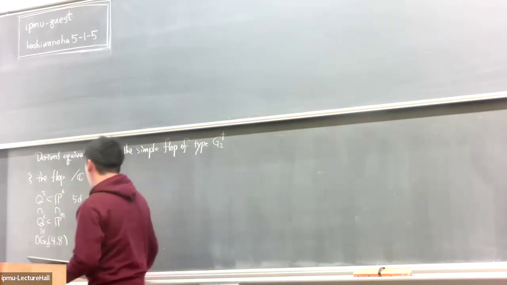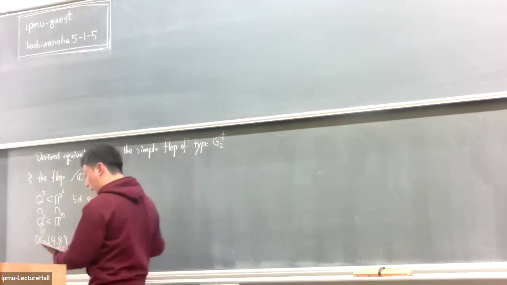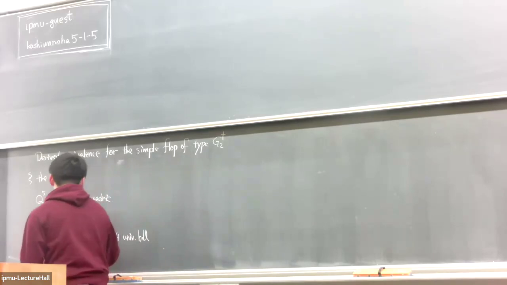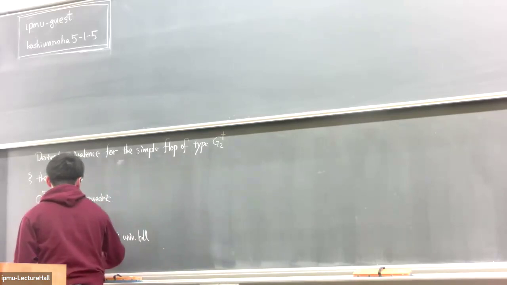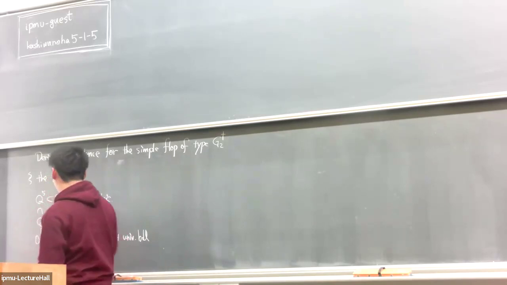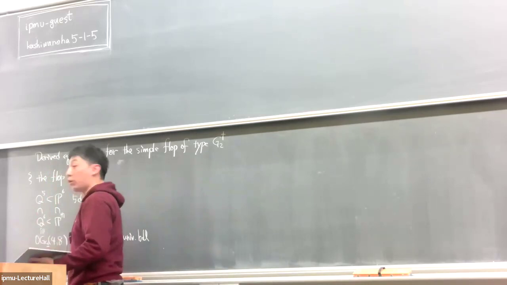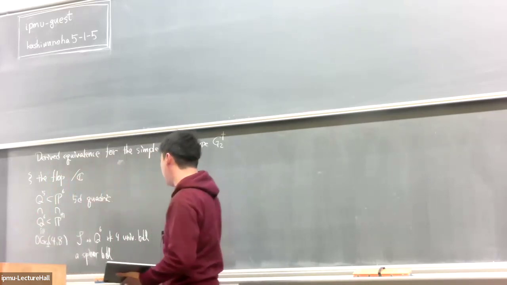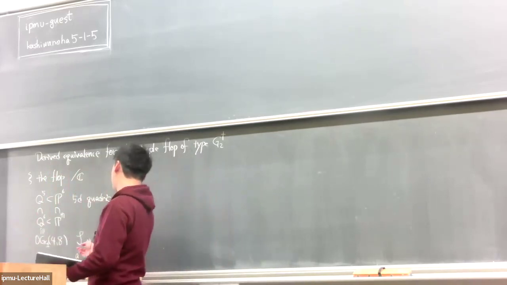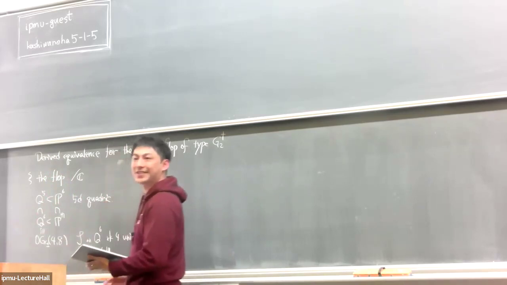In the world of quadrics, this bundle is called a spinor bundle. Actually, this quadric has 2 different spinor bundles depending on these 2 connected components. So spinor bundle means one of the spinor bundles.